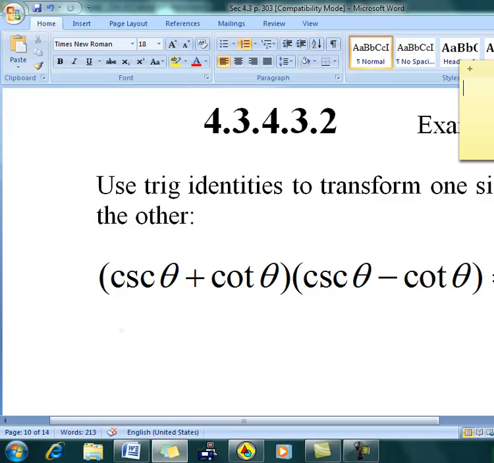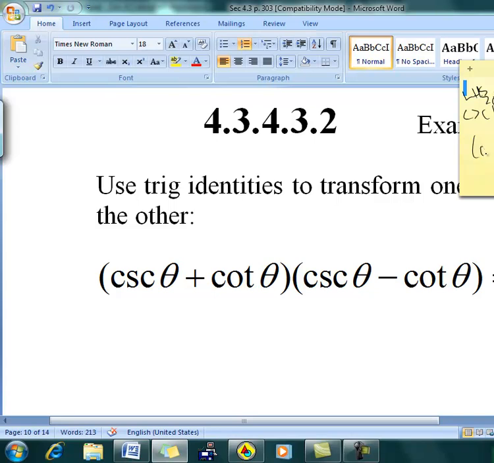So then what I do is I'm going to FOIL this guy. So I get CSC squared theta minus cotangent squared theta. Notice that I'm not putting equals 1 yet. What I'm saying is that the left-hand side is equal to that. Everybody see the foiling on that? Everybody understand where the foiling is coming from? It's like a plus b times a minus b equals a squared minus b squared.